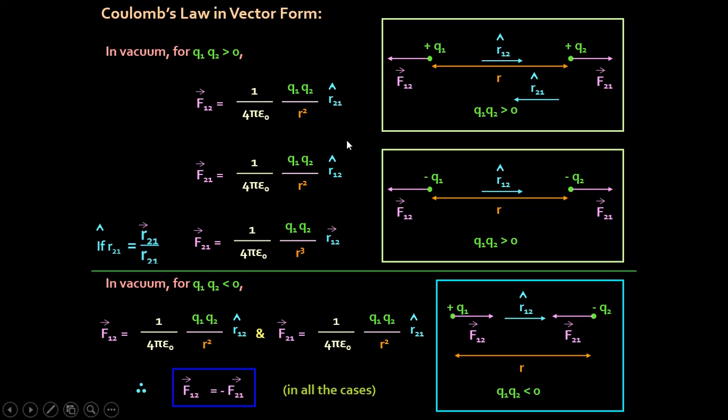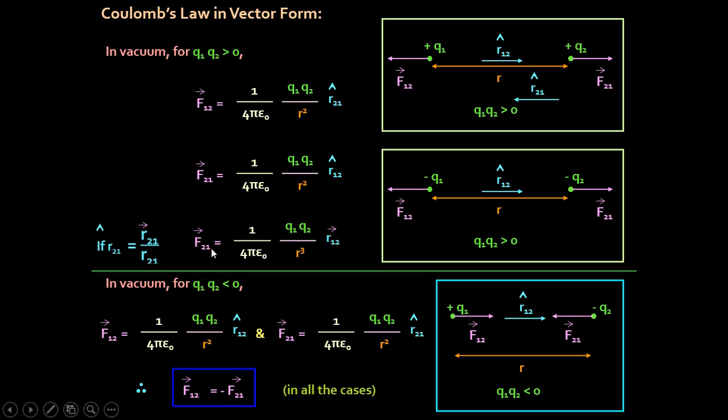In the same way, F21 can be expressed like this: F21 is in this direction, and in the same direction R12 is there, so you have to multiply R12 cap. And if you are not expressing it in terms of unit vector, you can take the vector instead. If you are multiplying the vector instead of the unit vector, then you have to write r cube.